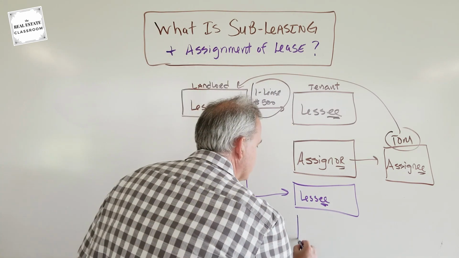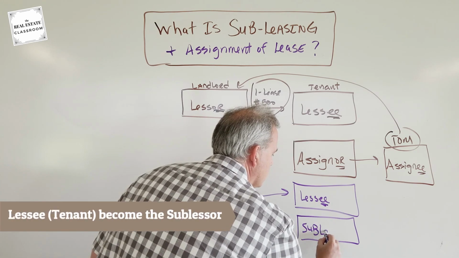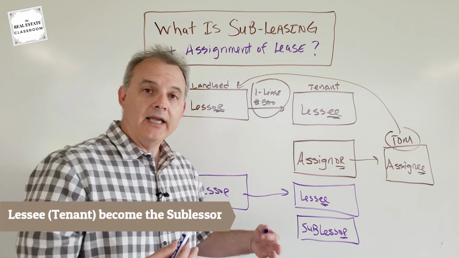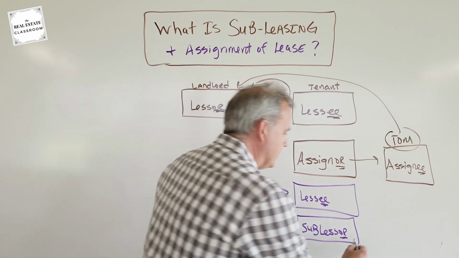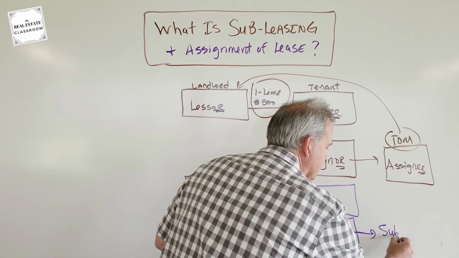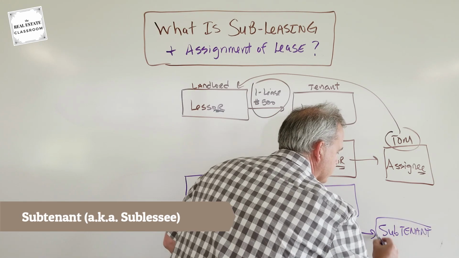The tenant becomes what's called the sublessor, O-R, because they are a sublandlord. And they turn around and rent the property out to what's called a subtenant or a sublessee.